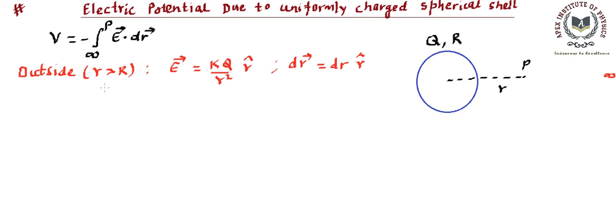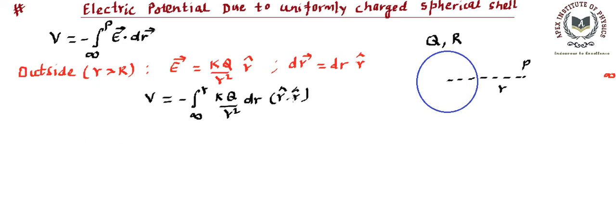Now let's simplify this formula. So this V will become equal to minus integration from infinity to that P point, which is indicated by r. Field is KQ upon r square, and then that is dr, and in the bracket we will find r cap dot r cap.